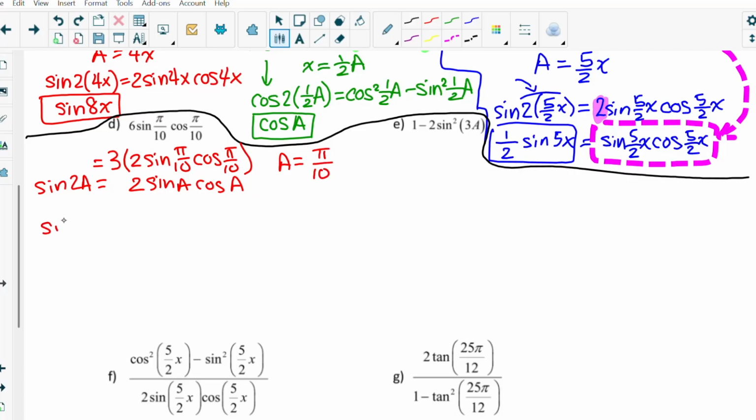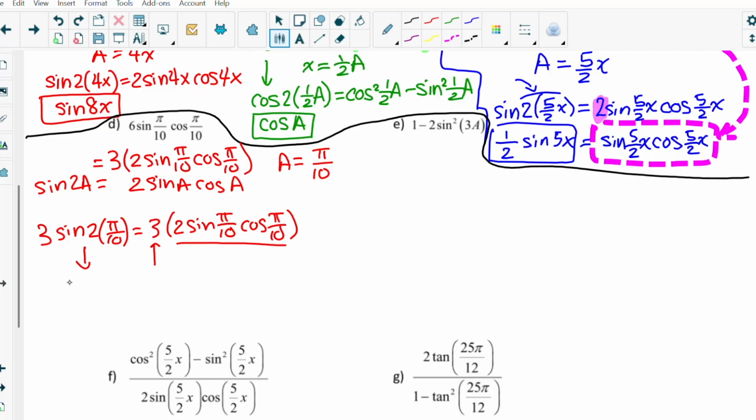So sine of 2A, sine of 2 times pi over 10 equals 3 times 2 sine of pi over 10 cosine of pi over 10. I have this 3 out in front with my identity, so I'm going to put a 3 out in front here. We need a single trig function, so that's 3 times sine of pi over 5. So that is our single identity.